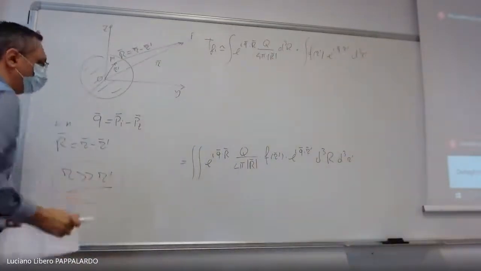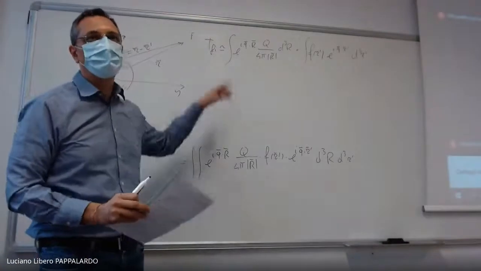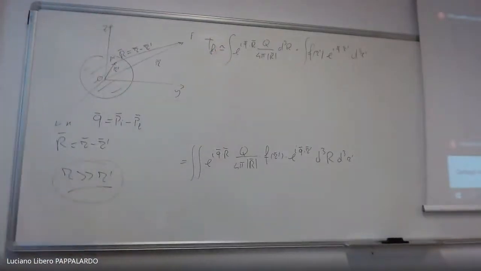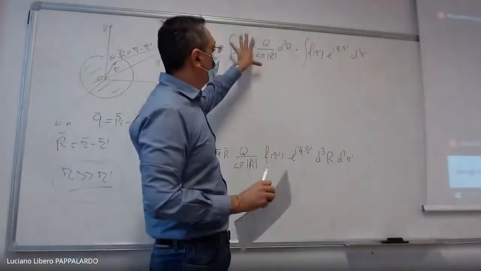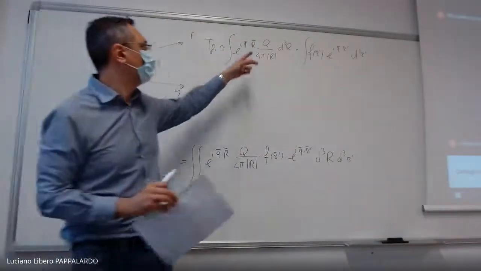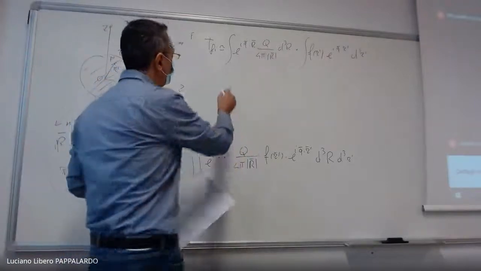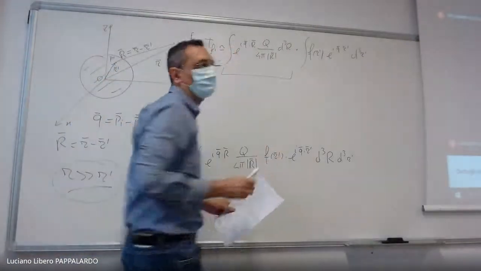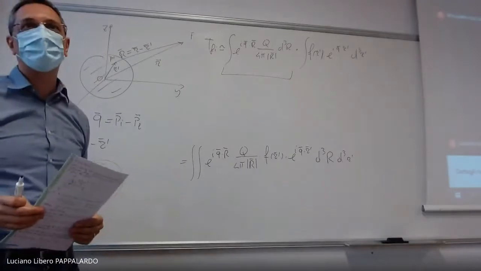So in this limit here, we can factorize this integral into these two contributions. In this first integral, we don't have any information about the distribution of the charge. We just know the total charge. Okay. So this is the scattering amplitude for the scattering of a point-like object of charge Q.